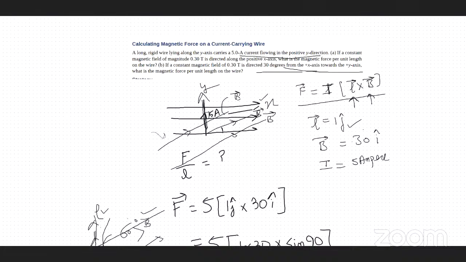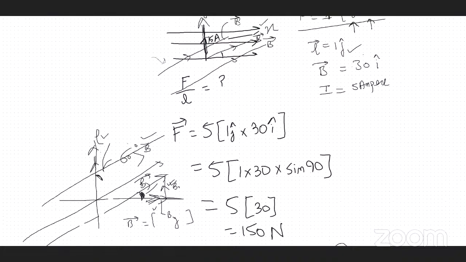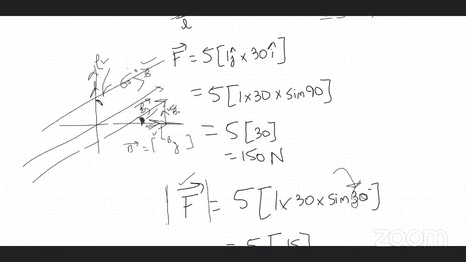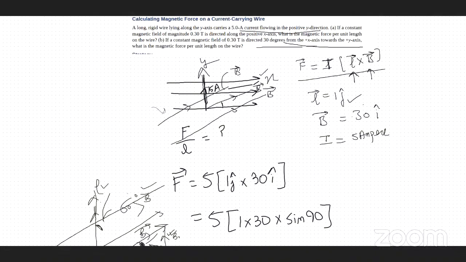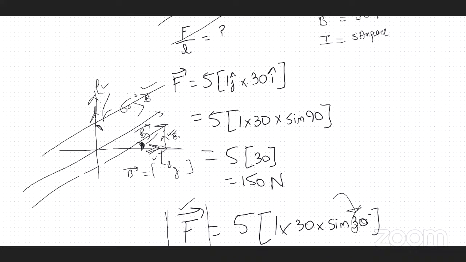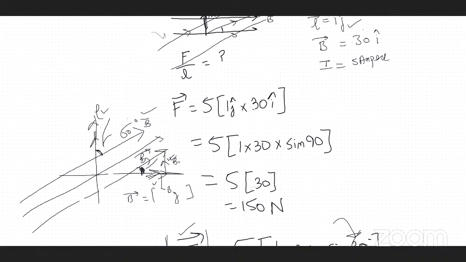0.30 टेस्ला को you have to divide in cos and sin. I think 0.3 टेस्ला था ना ये, so this is 0.3. अच्छा तो ये तो फर्स्ट पार्ट हो गया था ना, स्ट्रेट.